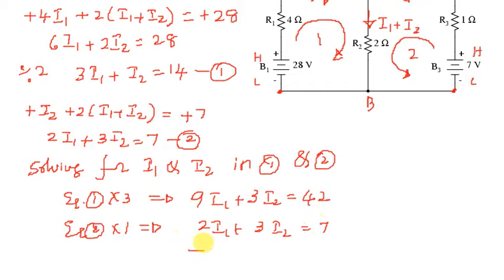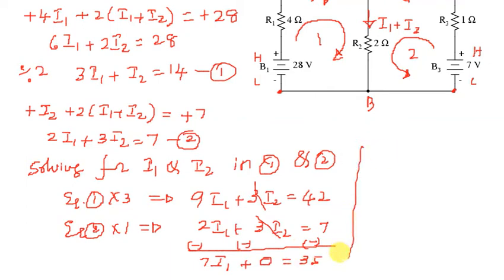When I subtract them, I have to change their signs, so it becomes 7 times I1 plus 0, because these two terms get cancelled, and this is equal to 35. So I1 is 35 divided by 7, which means I1 is equal to 5 amps.